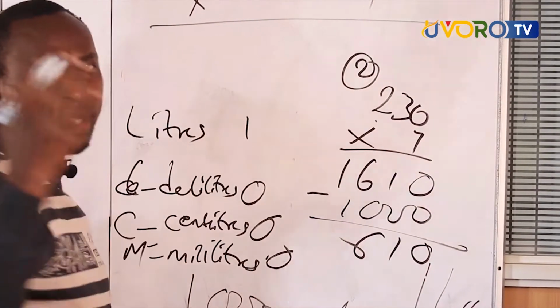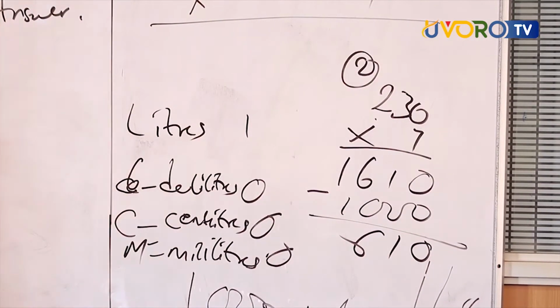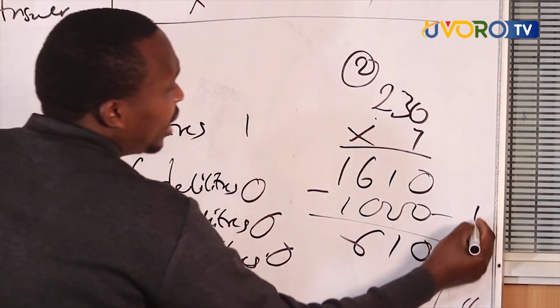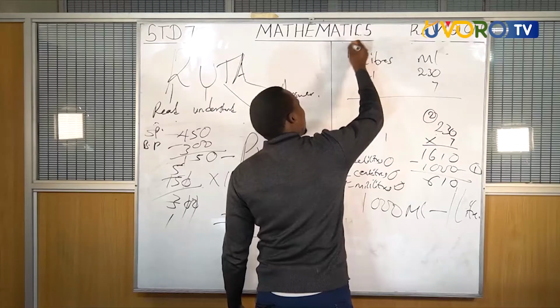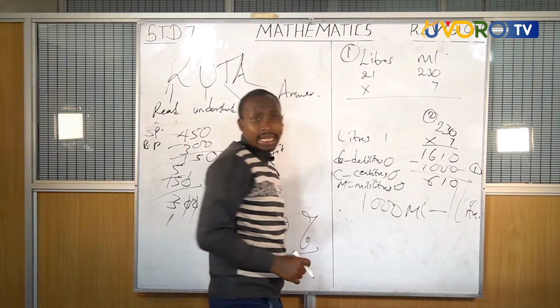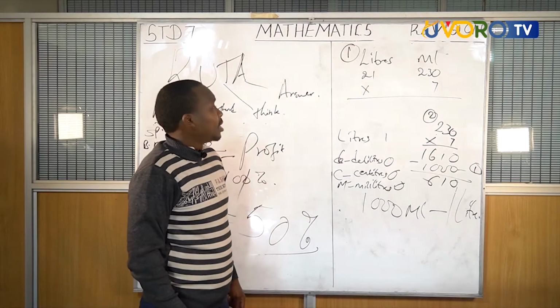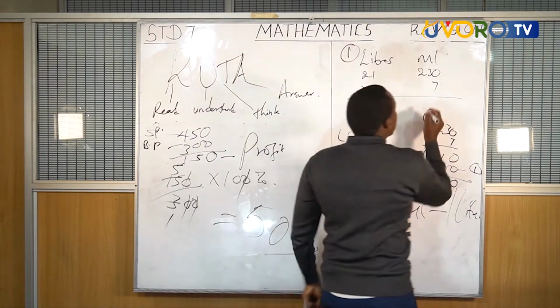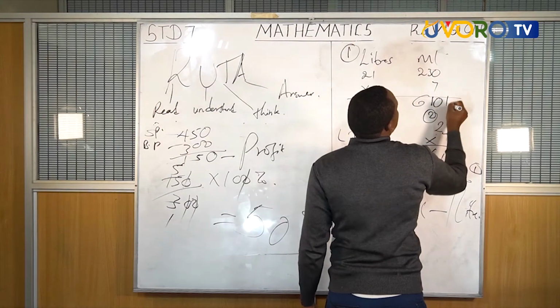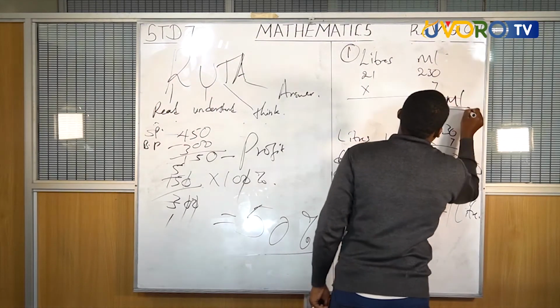How many 1,000 have you multiplied? Class 7, that's a very simple sum. It is only 1. So write 1 here on the side of liters. So how many are you left with? 610 milliliters.